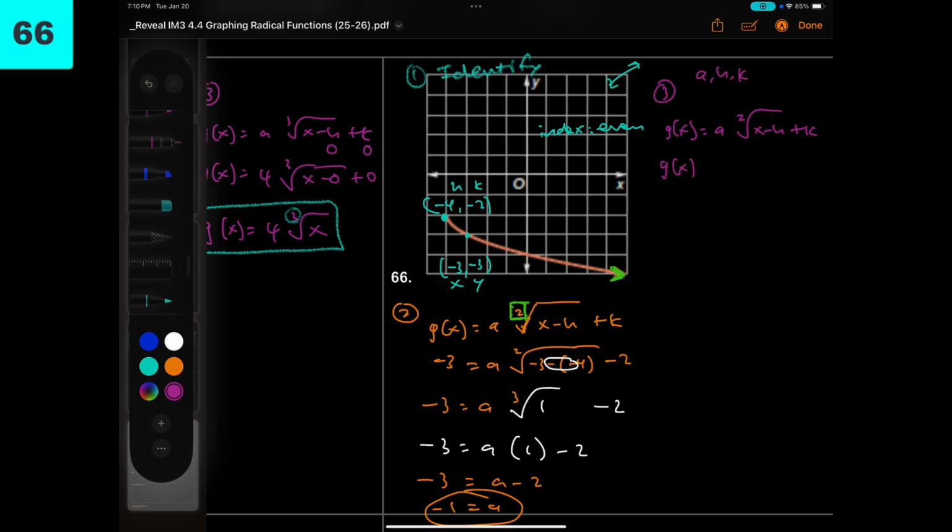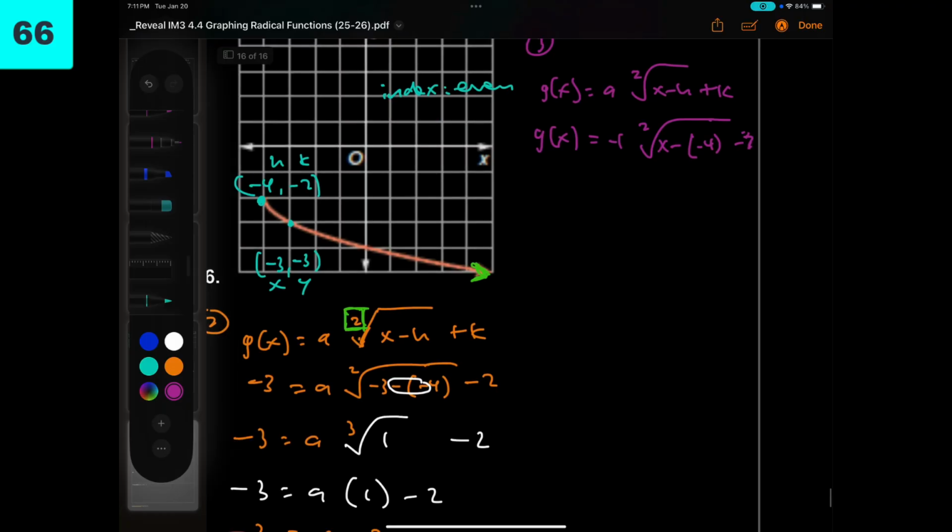Our a value is -1. My h value is -4. And my k value is -2. So I have g of x equals -1 times the square root of x plus 4, minus 2. This will be our answer.